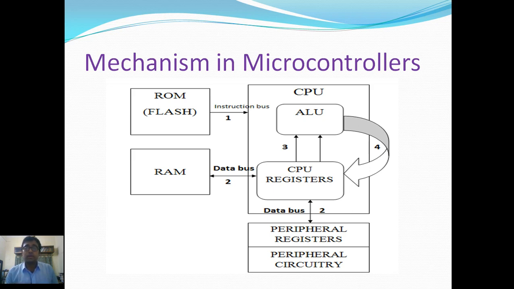Now, in the read-only flash memory, the secondary memory, we feed the instruction through the instruction bus. We feed the instruction to the arithmetic logic unit, where the mathematical operation will be conducted. In random access memory, we have the specific data that needs to be operated on first.